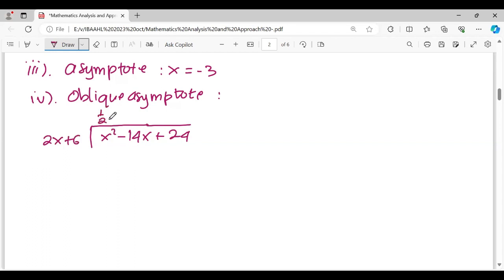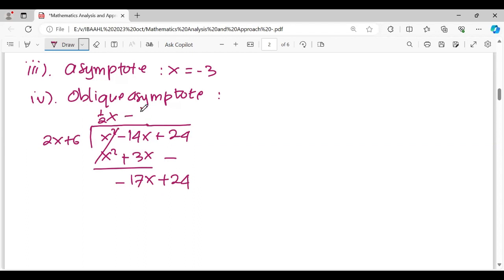So times half x becomes x squared plus 3x, minus, becomes minus 17x plus 24.